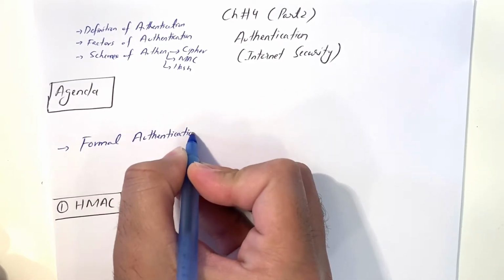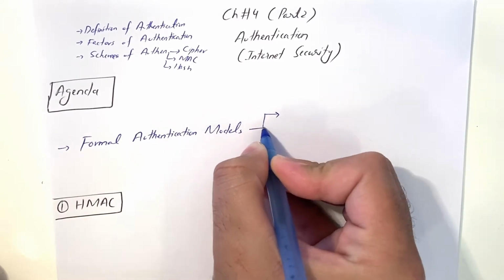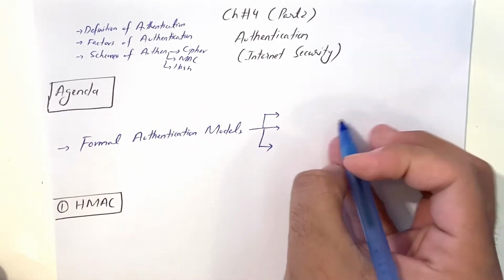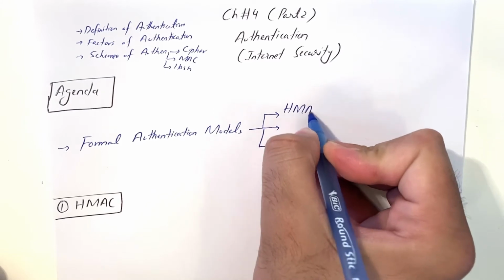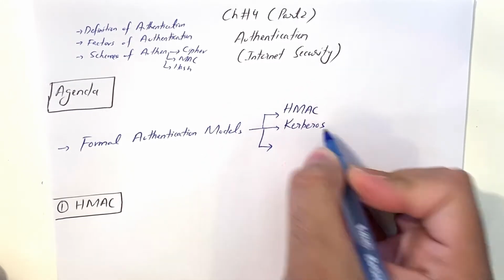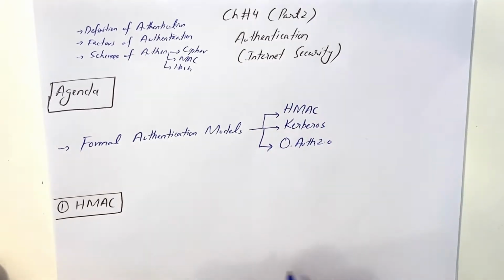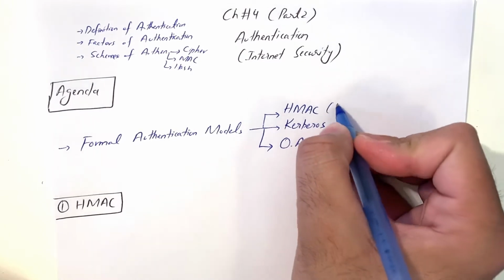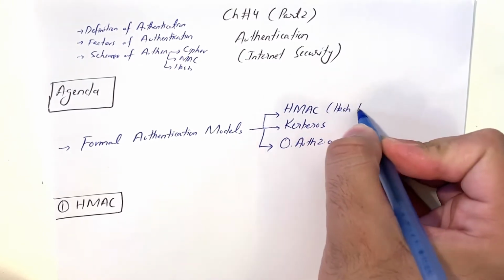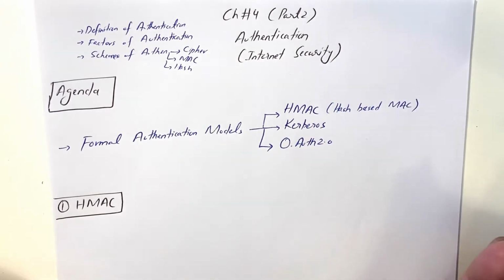We will discuss formal authentication models, and specifically we are going to talk about 3 main models. First is the HMAC, second is Kerberos, and the third one is OAuth 2.0. HMAC stands for hash based message authentication code, MAC.